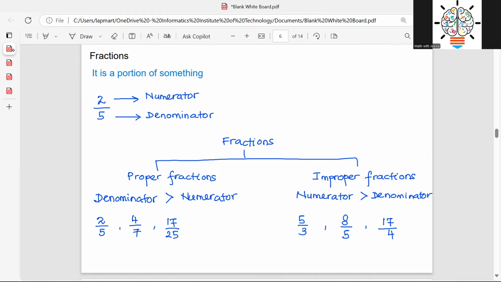Fractions are basically of two types, proper fractions and improper fractions. How are we going to differentiate them? Looking at the values, if the denominator value is bigger than the numerator, it is a proper fraction. If the numerator value is bigger than the denominator, that is not the proper way, so they are improper fractions.